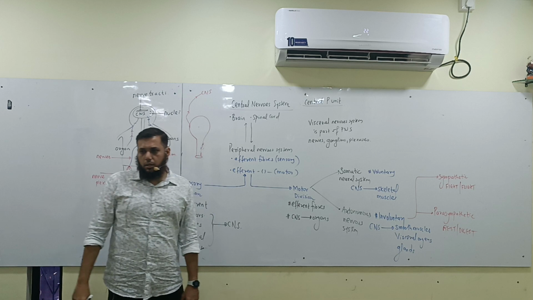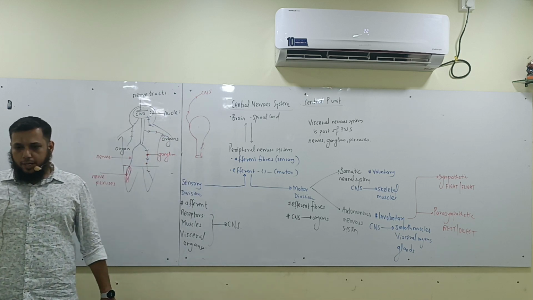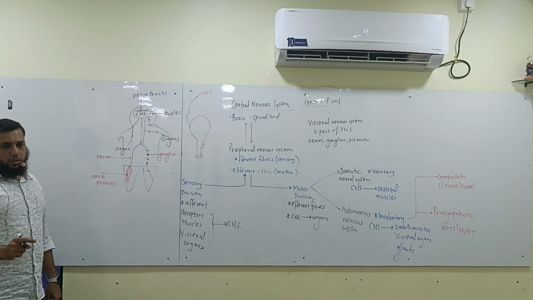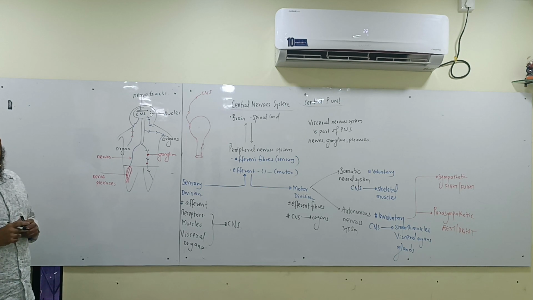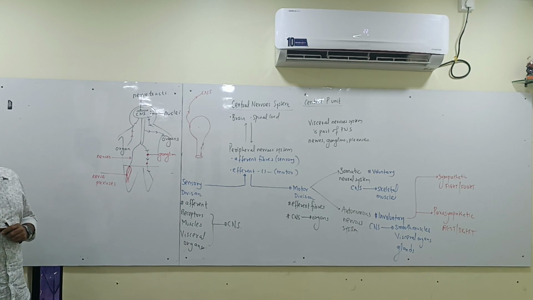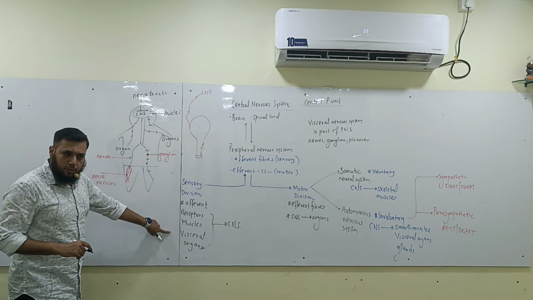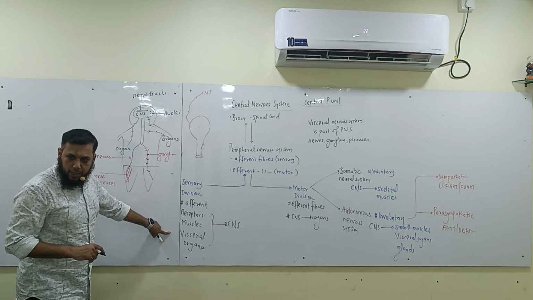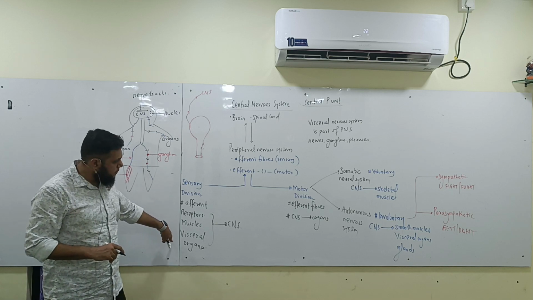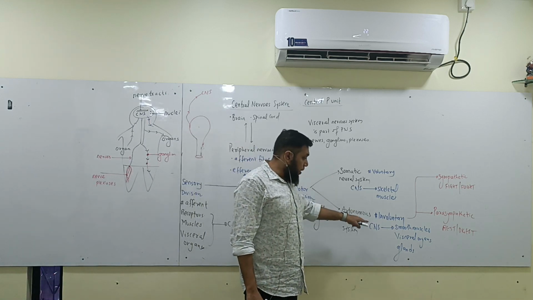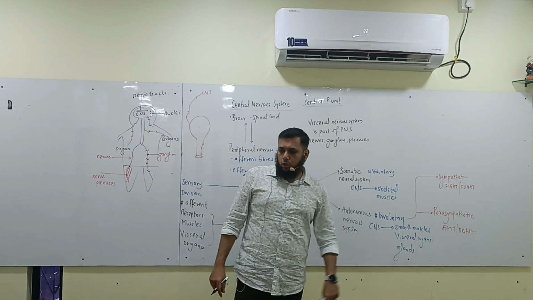Did you understand all three words? Nerves, ganglions, and plexuses. Now my question is, the visceral nervous system, will it be sensory, will it be motor, or will it be both? Both. It will be afferent fibers which carry signals from the viscera to the CNS, as well as it will be efferent carrying from the CNS to the organs.